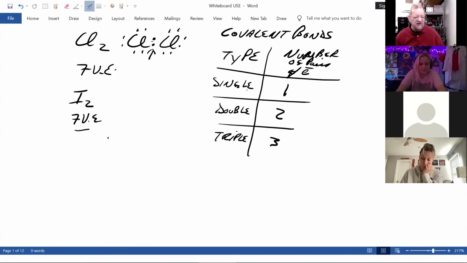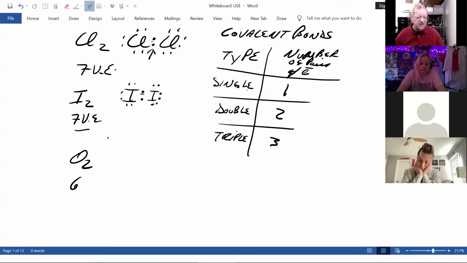It has 7 valence electrons, and therefore each iodine has 1 unpaired electron, and one iodine says to the other, hey, I've got an unpaired, you've got an unpaired, let's share, and that's it. Now let's do oxygen.